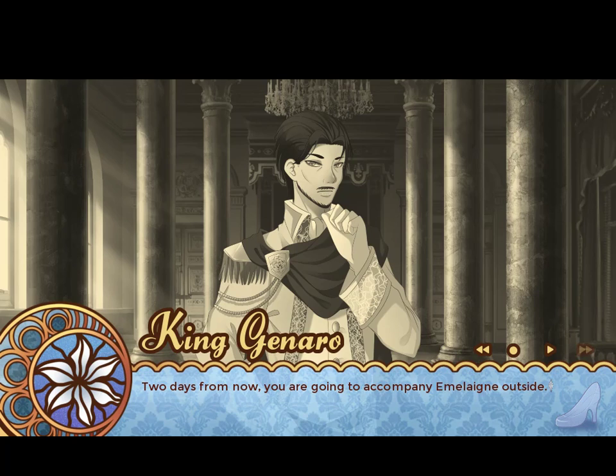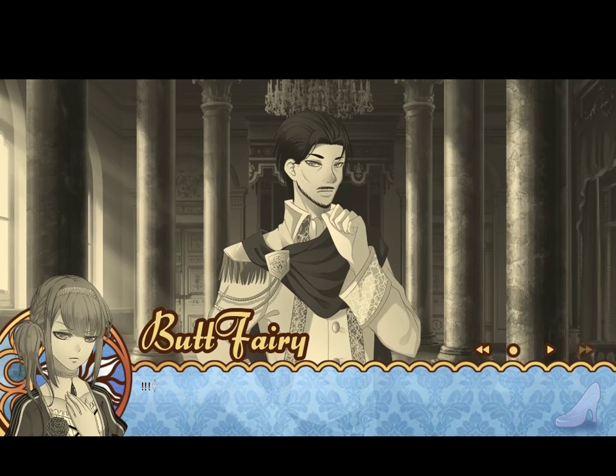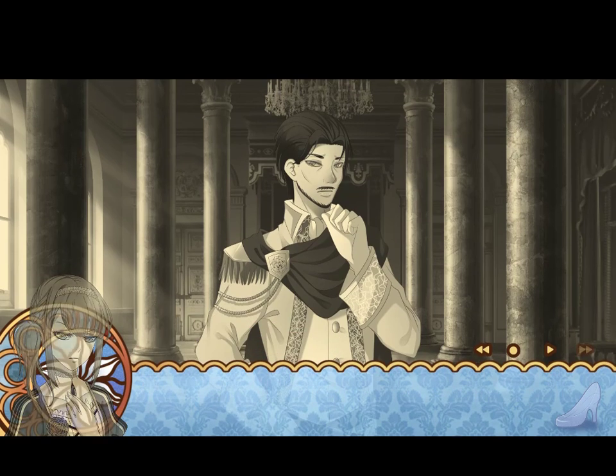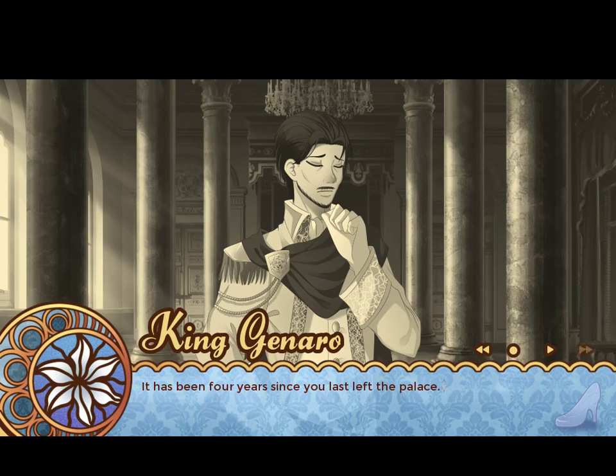2 days from now, you are going to accompany Emmeline outside. It has been 4 years since you last left the palace. Ever since then, you've locked yourself away. You barely leave your room. Angeli was in the grip of war back then, but now the kingdom is safe and is back to its former glory. I want to see how beautiful Angeli really is.